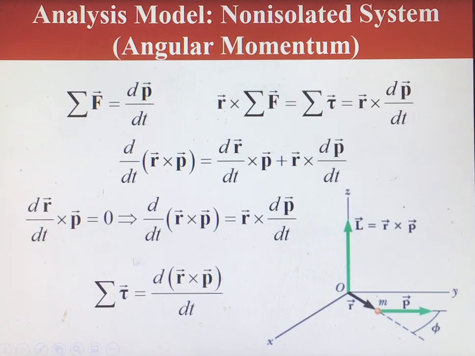This is one of the most important equations that we're going to use in this section. Notice that the sum of the torque is just the derivative of this quantity, and this quantity is just given by L. This is my L vector right here. So the torque is dL by dt because r cross p is my L vector.